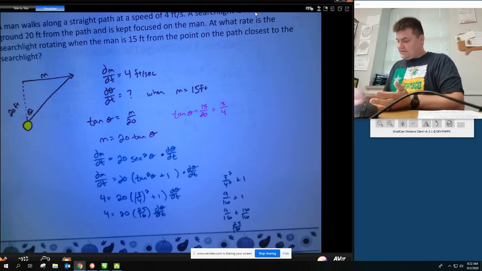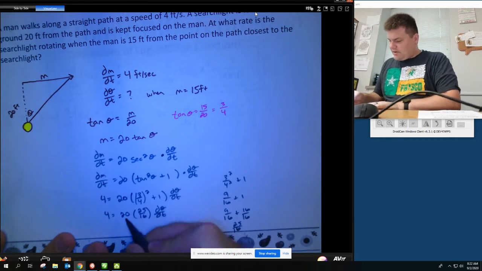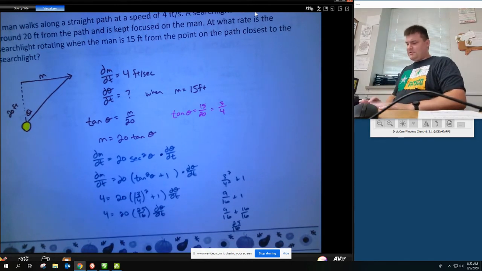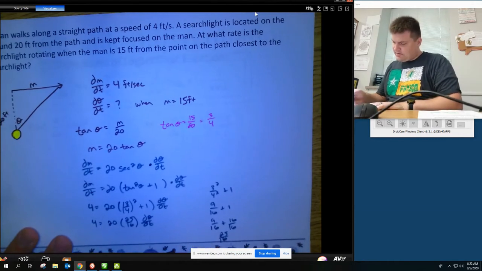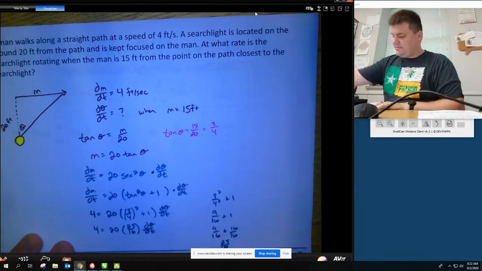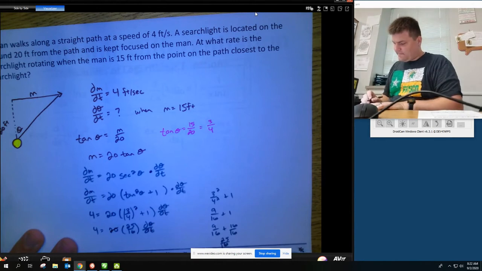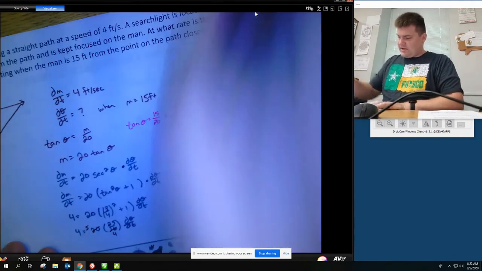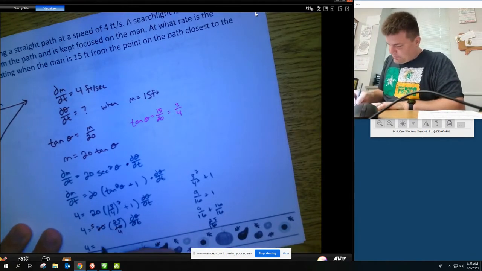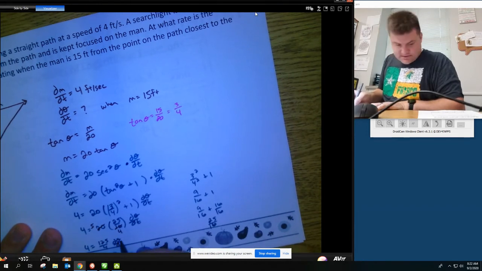Then I can start to simplify from here. 20 goes into 16 how many times? This cancels out to be 5 over 4. So I get 4 equals 125 over 4 d theta dt.